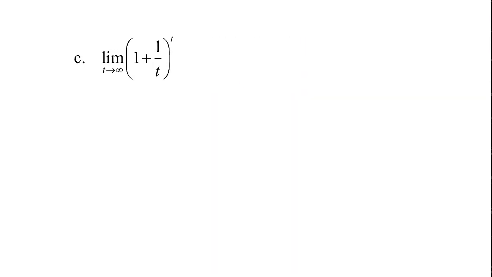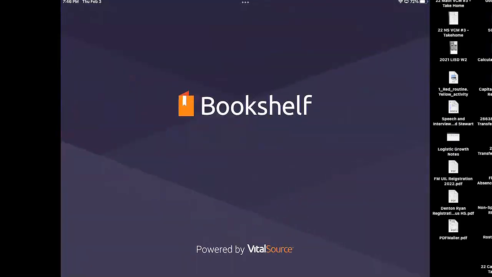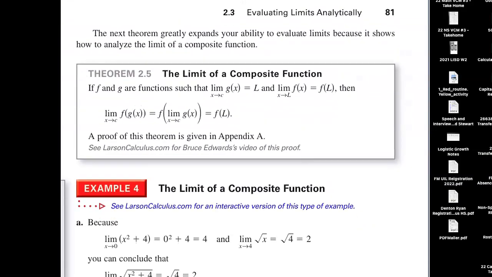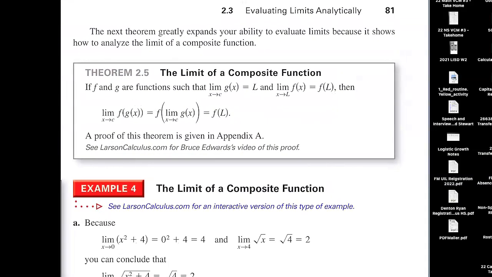So what mathematicians did, let's see if I can pull it up quickly enough. Yes, I still have it. Okay, so the limit of a composite function.